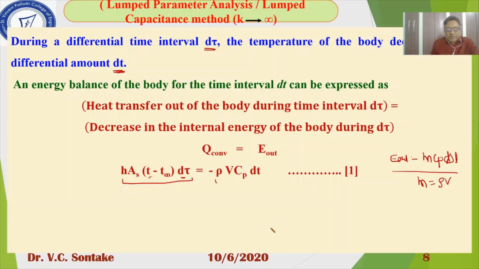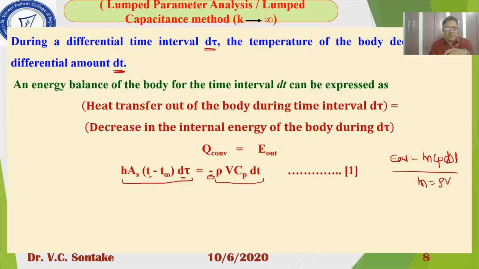So from that expression I could calculate the change in the internal energy of this body. Since the internal energy of the body is decreasing, I have provided a negative sign. So this is the energy balance taking place at some moment of time when the body is immersed into the cold liquid. Here T is the temperature of the body at any moment of time tau.